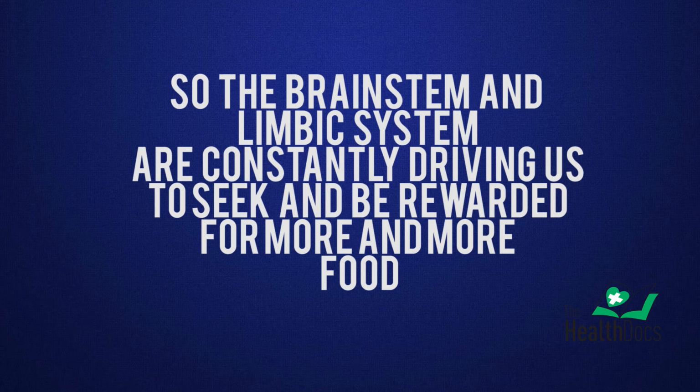So the brainstem and limbic system are constantly driving us to seek and be rewarded for more and more food, or even more Facebook or more pleasure or anything that's going to give us that little hit. But this obviously leads to excess and lots of different types of disease. To put it simply, different parts of our brain can work together, but some actually work against each other in some ways. So specifically, let's talk about weight loss for a second.